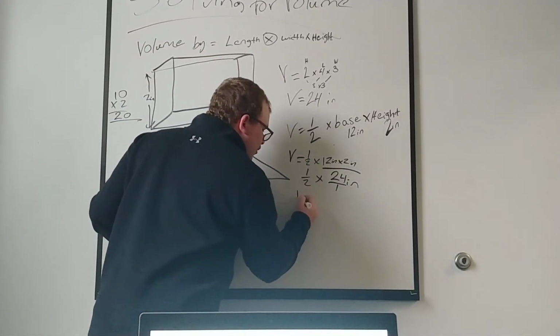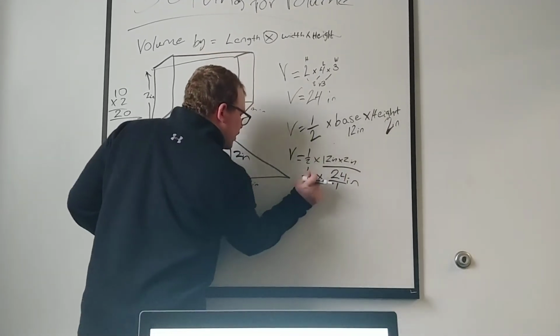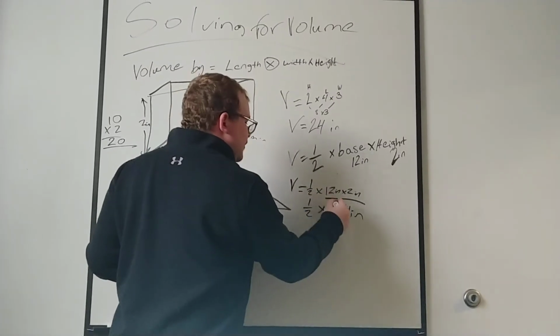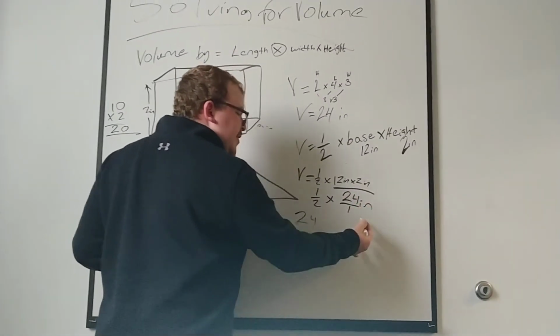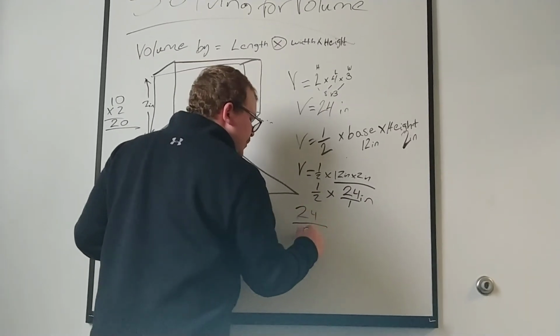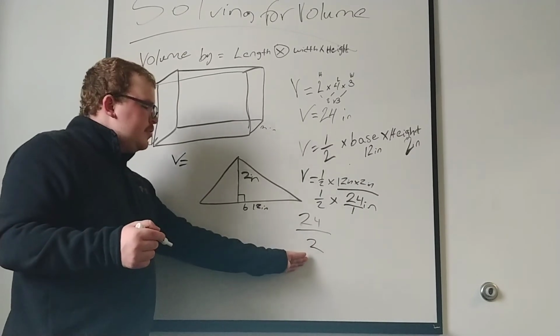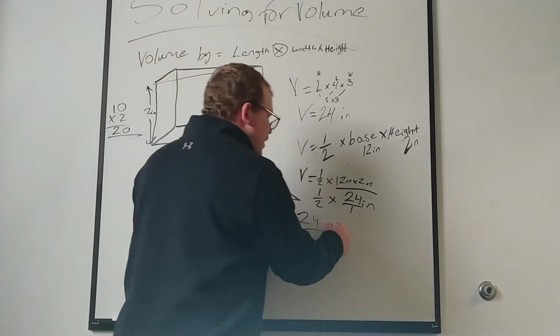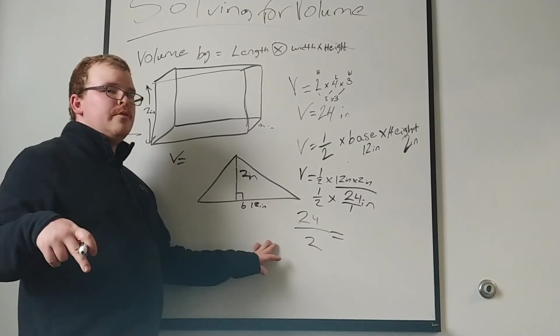If we multiplied those together, the 1 times 24 would be 24 on top, and the 2 times 1 on the bottom would mean that 2 is in the denominator. So we have 24 in the numerator and 2 in the denominator. What's 24 divided by 2?